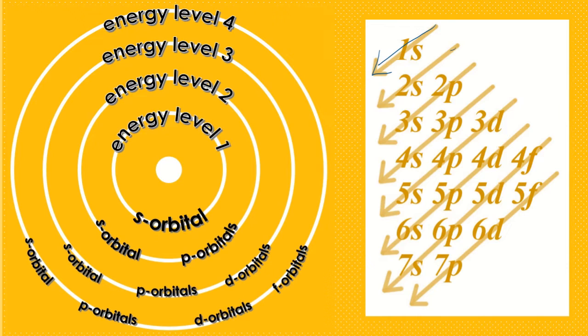Then the second energy level, so follow the arrow. We have the s orbital. The sequence is 1s, 2s, then followed by 2p. Follow the arrow as we cut to 2p before reaching 3s. The third energy level has 3s, 3p and 3d.